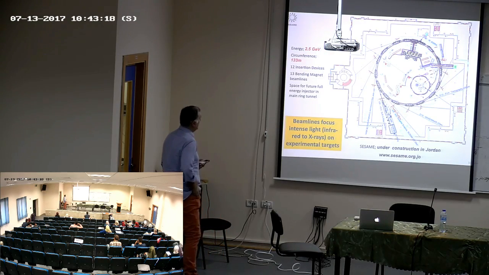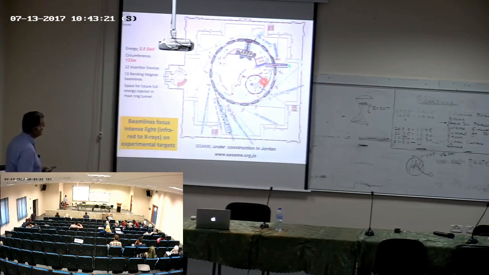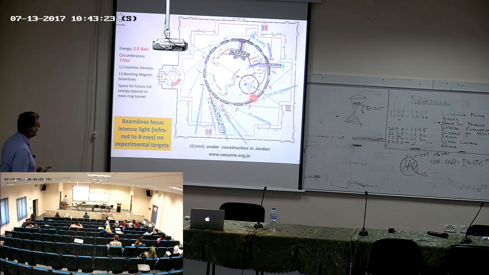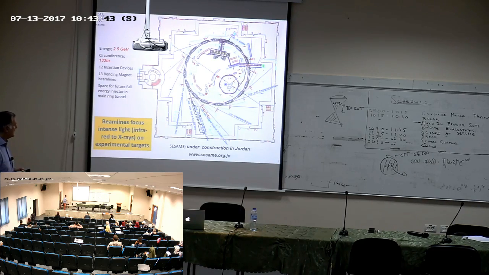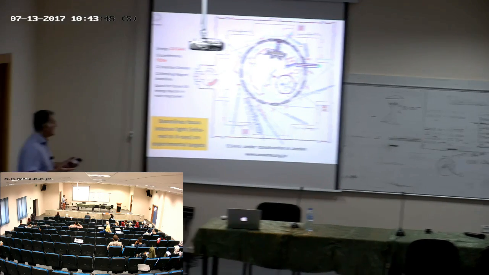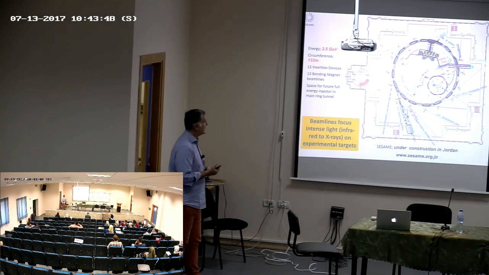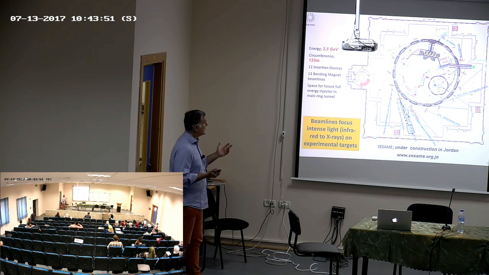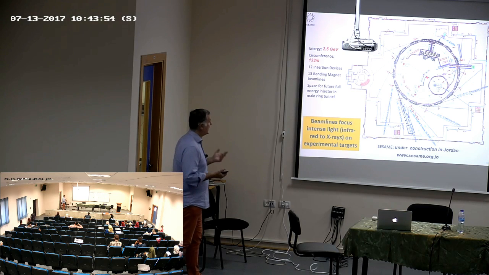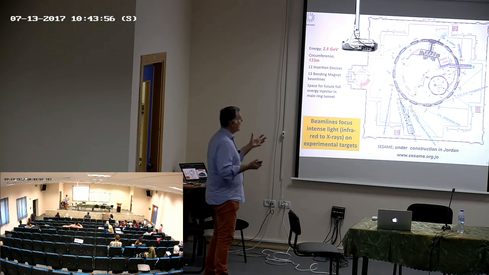So it's a new machine. This is what Sesame looks like. This is BESSY 1. So this is what in the original plan should have been Sesame. As you can see, the final project is much larger. This new storage ring has a circumference of 133 meters. It's about half of the synchrotron in Trieste. It's a little smaller than the Canadian Light Source.